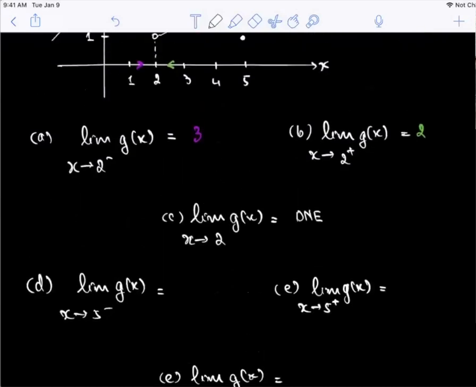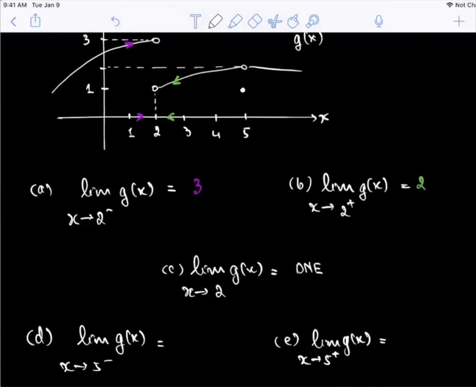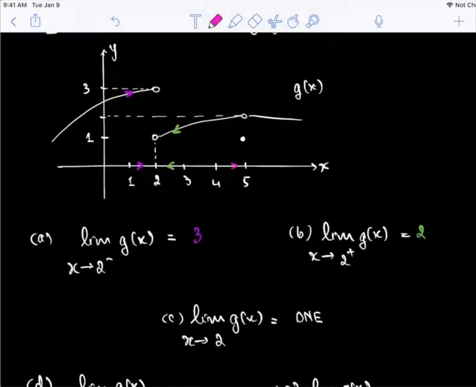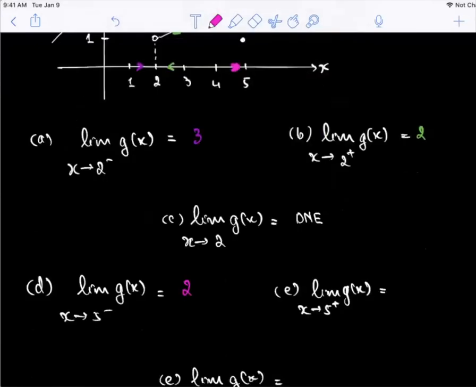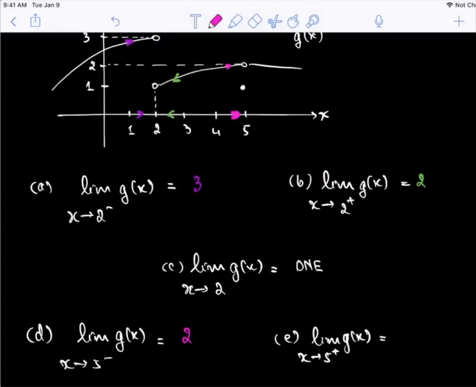By looking at the graph, as x approaches 5 from the left, the function approaches right here. So it approaches 2.